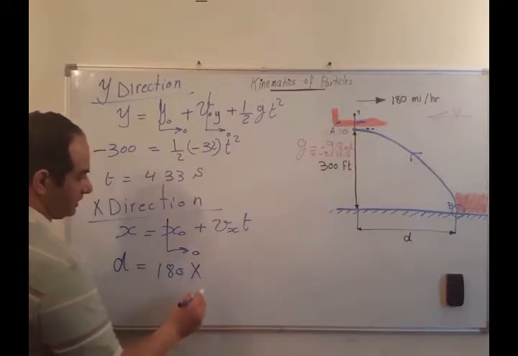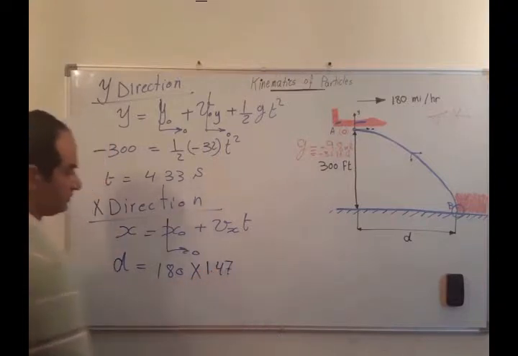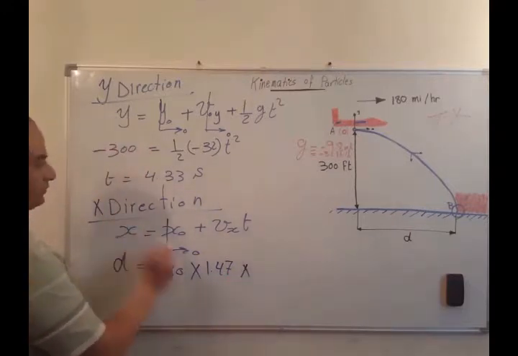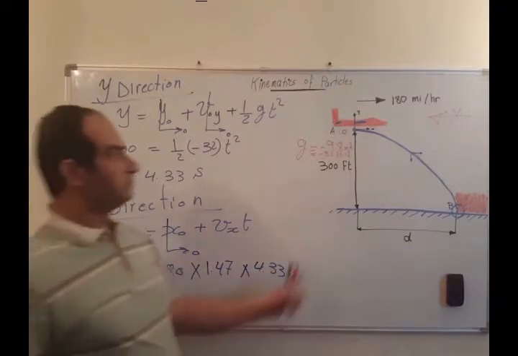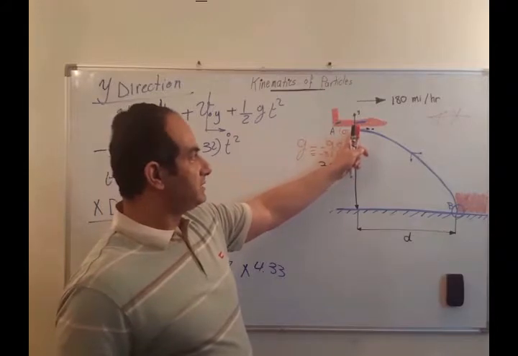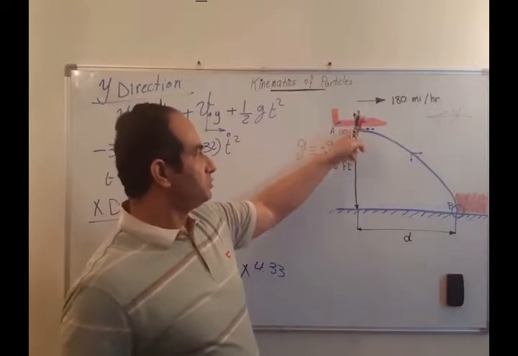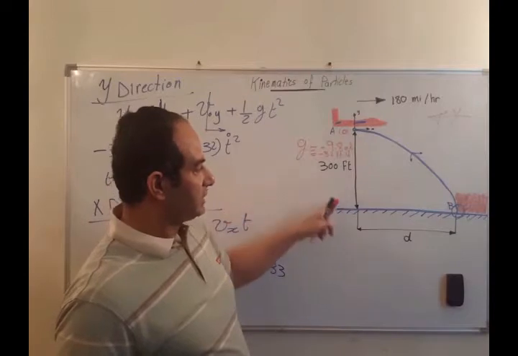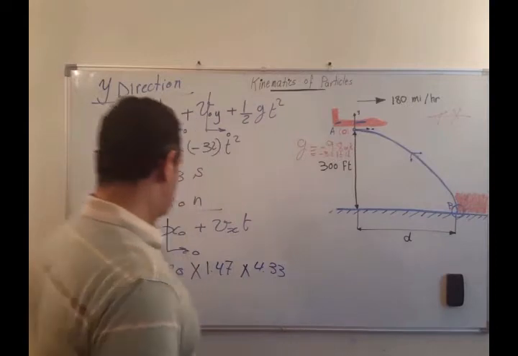By conversion, we multiply by 1.47 to convert miles per hour into feet per second, times 4.33 seconds, the required time that the particle needs to reach point P from point A, to fall down 300 feet in the vertical direction and to cover distance d in the horizontal direction.